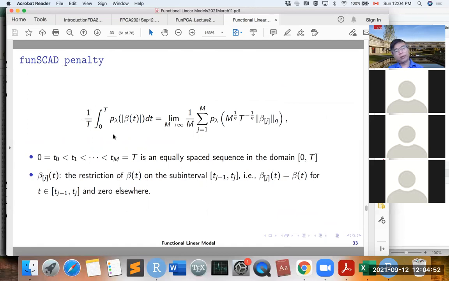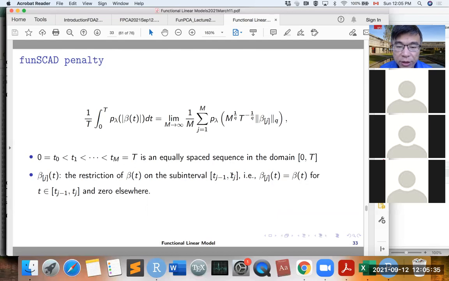Basically, this functional Scad penalty can be viewed as the limit of the average of the Scad penalty on the norm of beta t at each subinterval from t_{j-1} to t_j. We look at the norm of beta t at each subinterval, and we try to squeeze beta t to be equal to 0 in this interval.